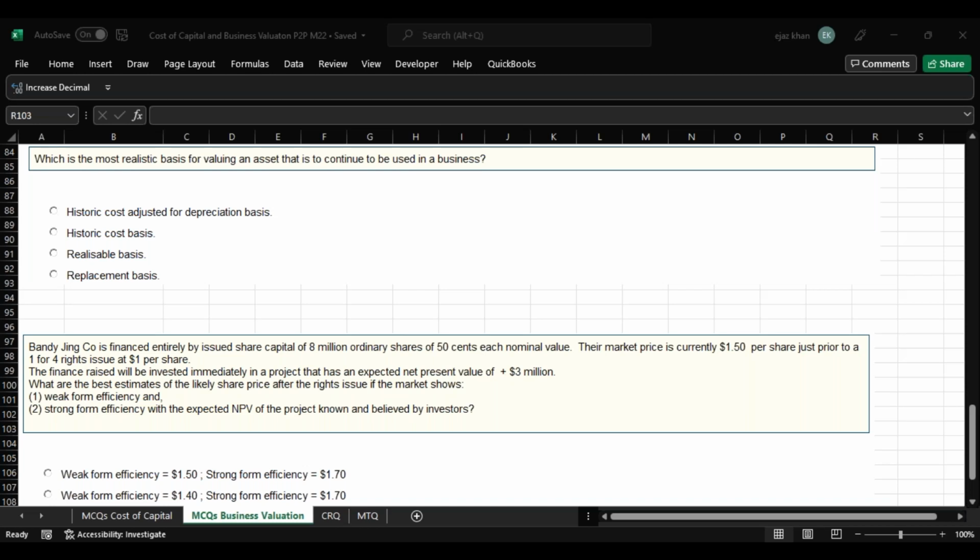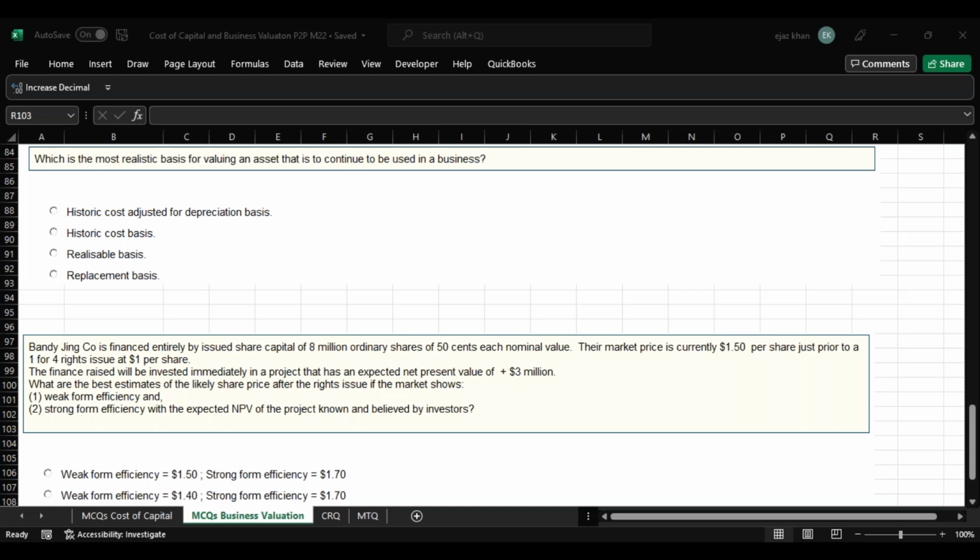Do you really think it's possible? If company A has announced that it is going to acquire company B, and if that decision is favorable, company A's share price is expected to go up. But in the weak form, it won't be reflected and the share price will remain the same. So that's called the weak form of efficiency.